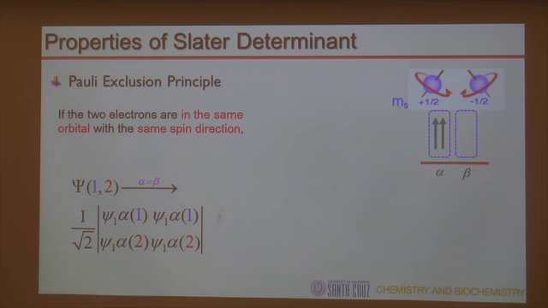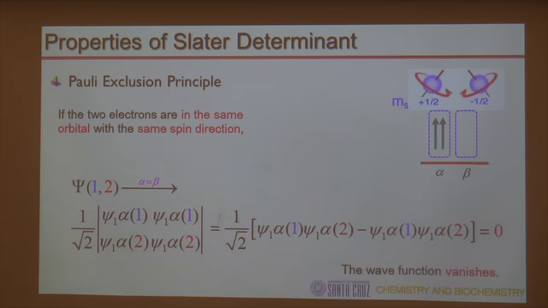And based on the Pauli exclusion principle, we know this will cause something weird to happen, right? Because it violates the Pauli exclusion principle. So let's see what will happen if we expand. We get 0, right? The wave function vanishes.